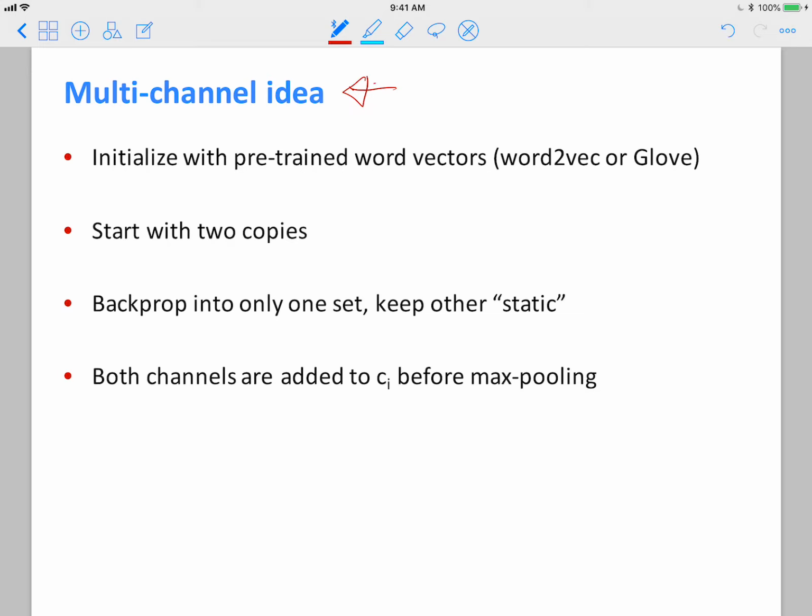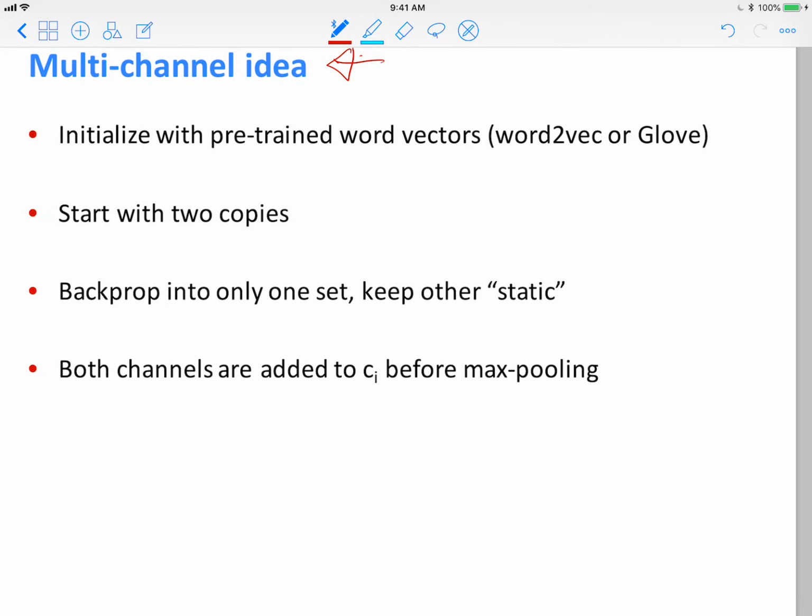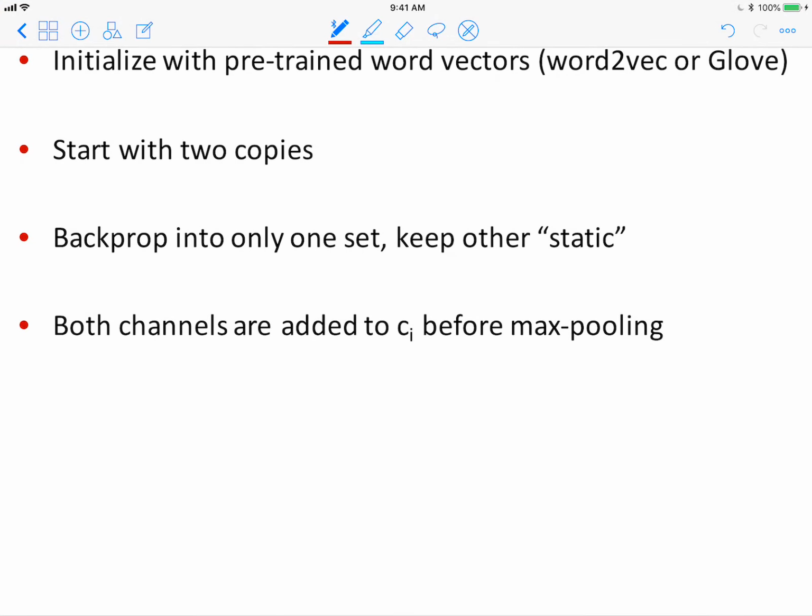Do you guys know what this is? A multi-channel idea. So it is something like this. Whether you say RNN or CNN doesn't really matter. It's really about whether to fine-tune our word embedding layer or not, or how to fine-tune it.